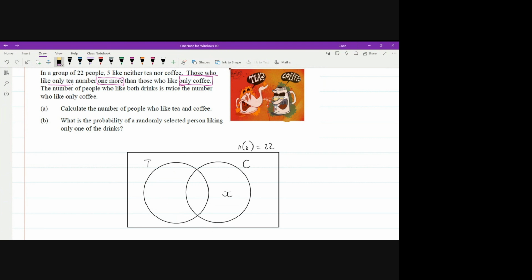If only tea is one more than only coffee. That's it, Sally. Absolutely. That means tea needs to equal X plus 1. Everybody understanding where we're coming from? Excellent.